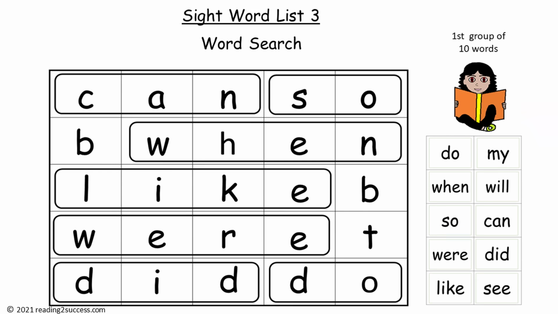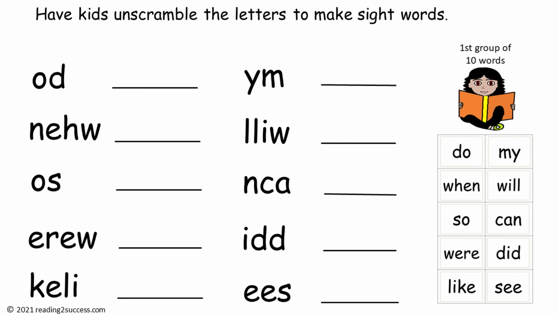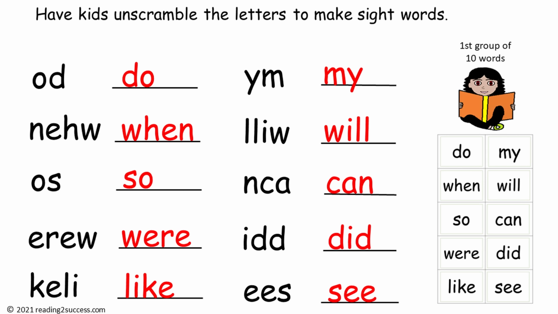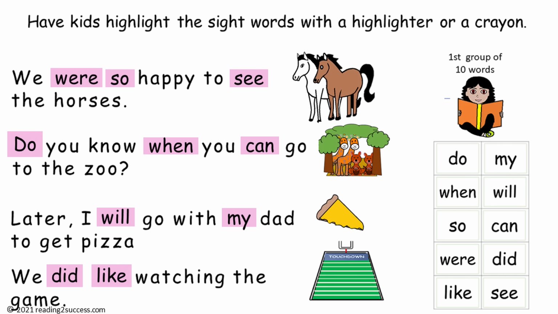Not all words are found on the word search. And now the unscramble the letters to make sight words practice page and the completed example. And now have kids highlight the sight words in each sentence. And this is the completed example.